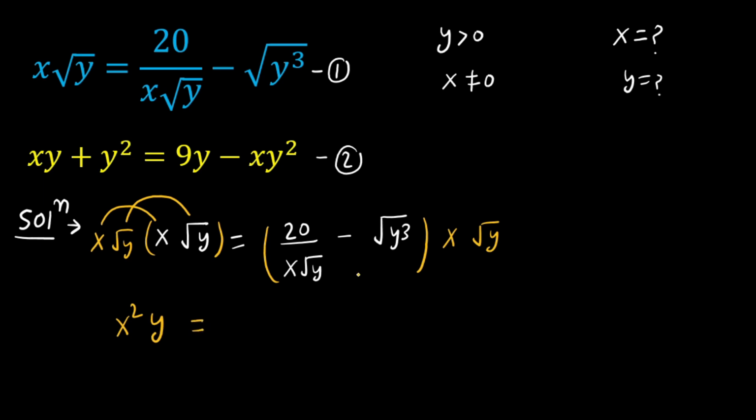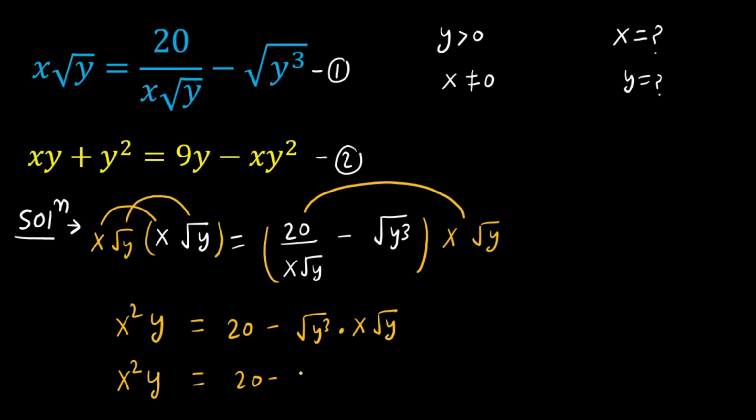On the right, x times square root of y multiplied by 20 over x times square root of y gives 20, minus square root of y to the power 3 multiplied by x times square root of y. Then on the left we have x square times y, equals 20 minus that product, which gives x times y to the power 2.